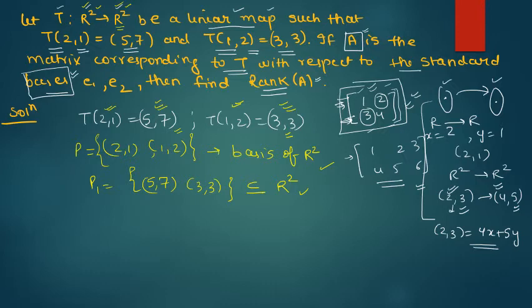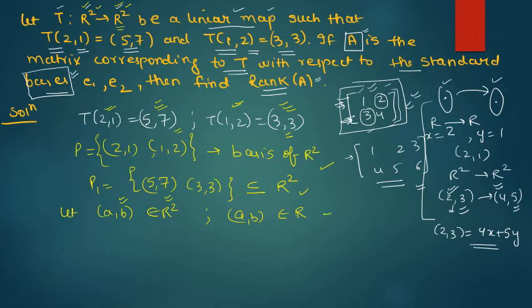Now what we have to do is to form a matrix which is A and then find out the value of rank A, correct? In order to find the matrix, we need to find some numbers. So let's say we have (a, b) from this particular set. If this (a, b) belongs to R square, then a and b should also belong to R, right?